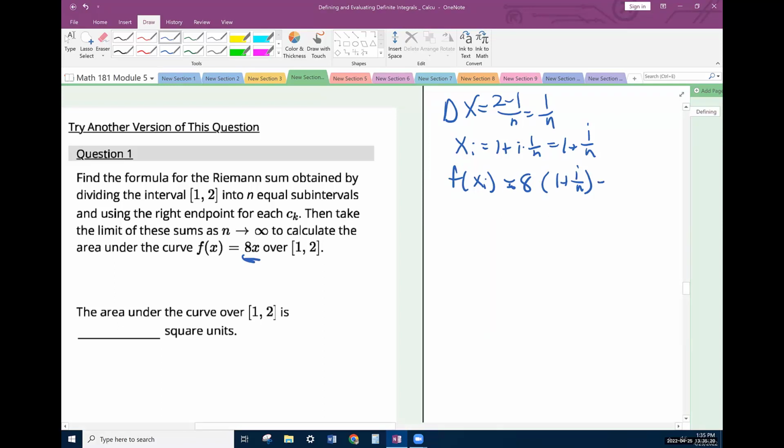So that's going to be 8 plus 8i over n. So we go to our summation. It's summation phase now. i goes from 1 to n because it's right endpoint sum of 8 plus 8i over n.